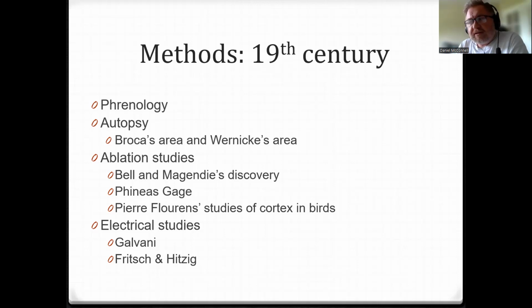Fritsch and Hitzig, that's hard to say, had attempted to map out the function of the brain by applying electrical currents to the brain of dogs. And one of the things they had discovered was the motor cortex. And by applying electrical stimulation to different locations of the motor cortex, they were able to generate movements of the dog's limbs.